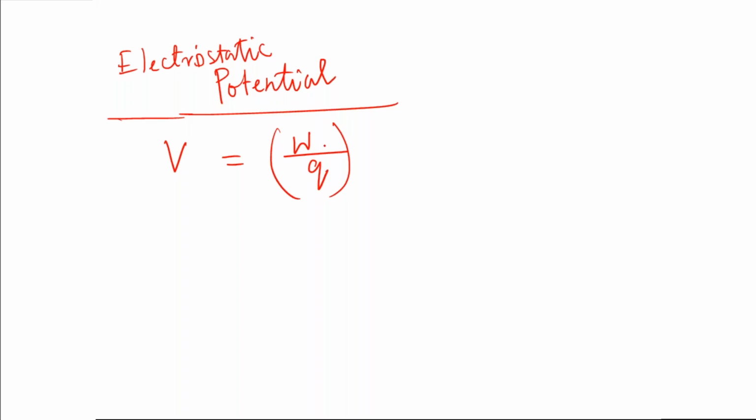See, whatever work done and all those things we are talking about are actually due to the electric field, right? Work done we have to do against the electric field. That means if there is no electric field, there will be no work done. We don't have to do any work against any force.